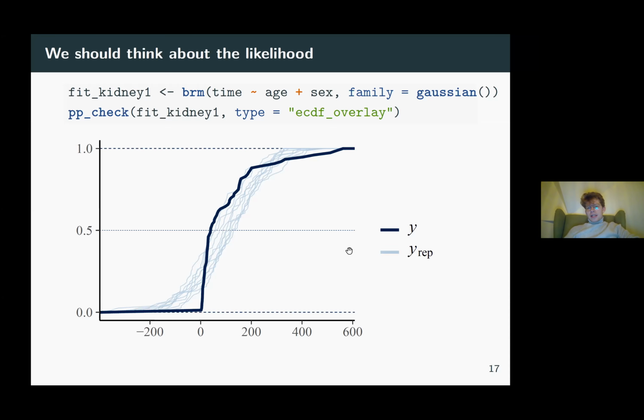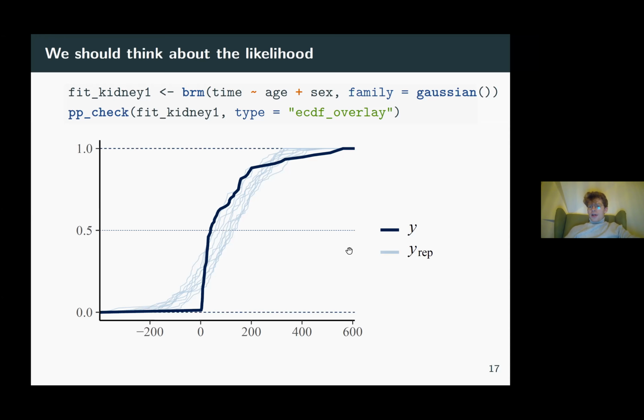What they basically do is they compare the distribution of the response variable y of the observed data to the predictions of the model. So in other words, what the model would predict in terms of response variable after it has been fitted.